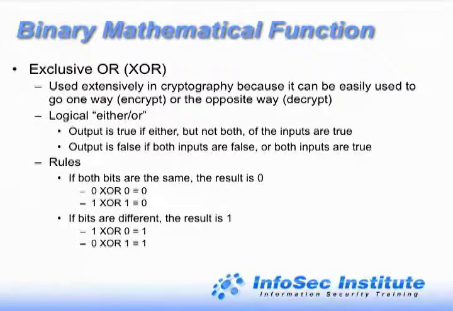Okay, this is something you basically just have to memorize. How many people have dealt with XOR, basically an exclusive OR? This is something that, again, for the CISSP, you may come across, and if you do, you just need to memorize what an exclusive OR means. It means the inputs could be either 0 or 1, but it cannot be 0 and 0 or 1 and 1. It has to be one or the other. For example, if both bits are the same, such as 0 XOR 0 equals 0 and 1 XOR 1 equals 0.